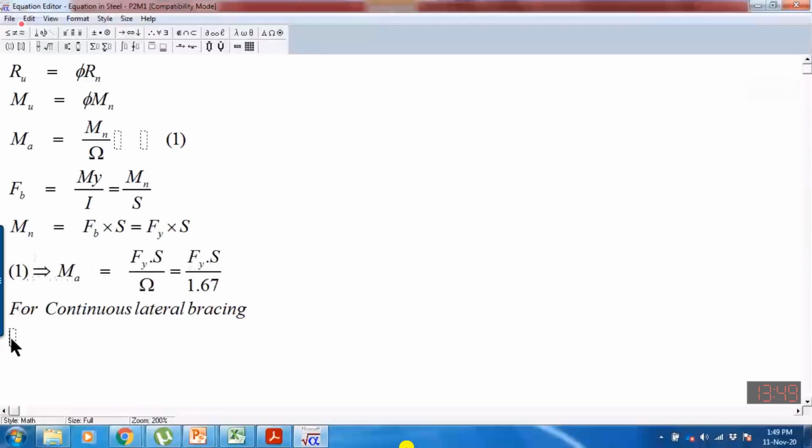Ma will be equal to, instead of the elastic section modulus, the plastic one. So this will be about the x-axis, because the beam is always bending about the x-axis, because the gravity loads are acting. So Zx is the plastic section modulus.